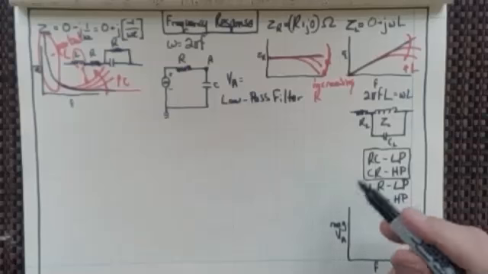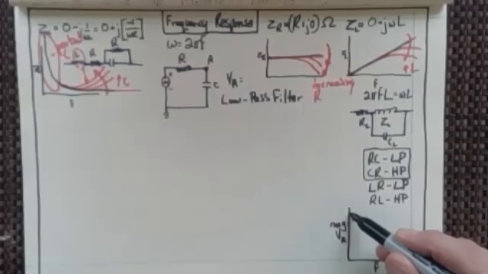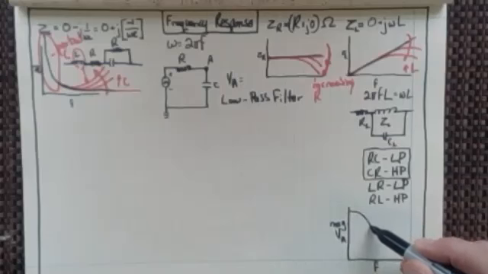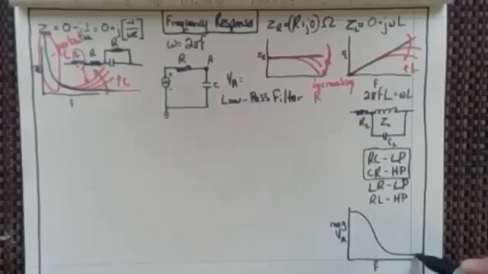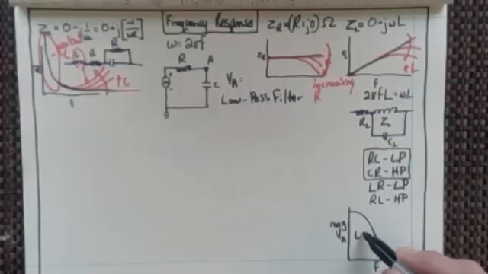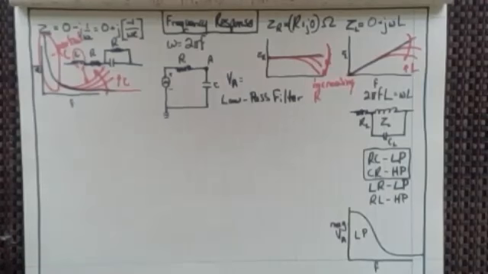And since I know it's an RC filter, I know that its response to frequency is going to look something like this, right? Low pass. So a low pass filter lets the low frequencies through and cuts the high frequencies off. The low frequencies are all getting through, but the high frequencies are being cut off.